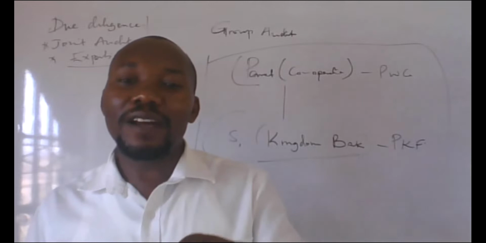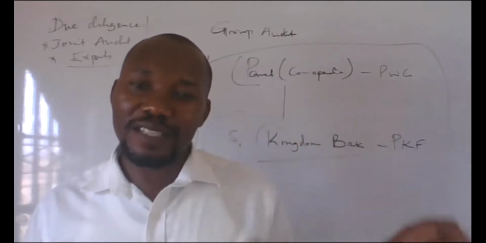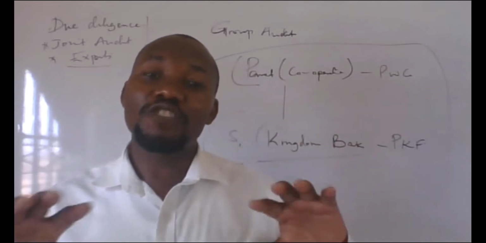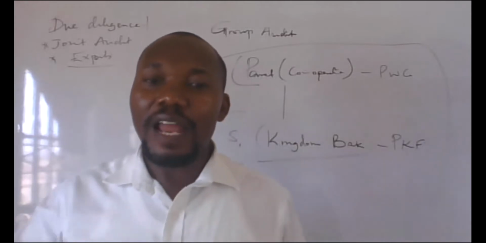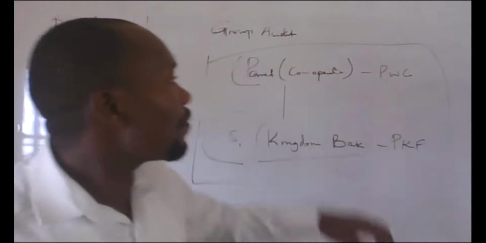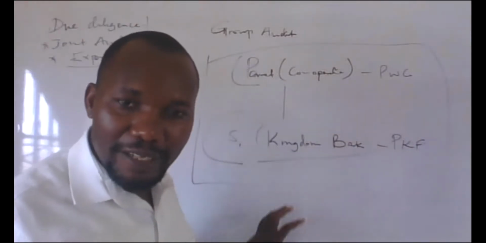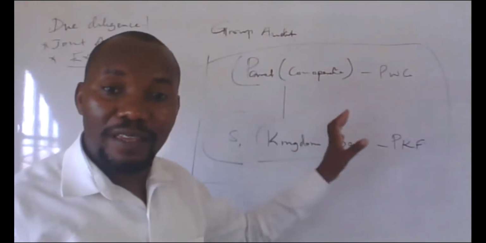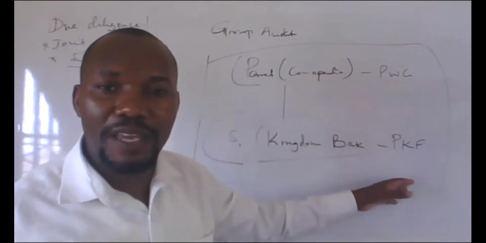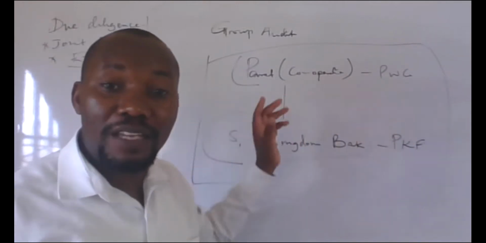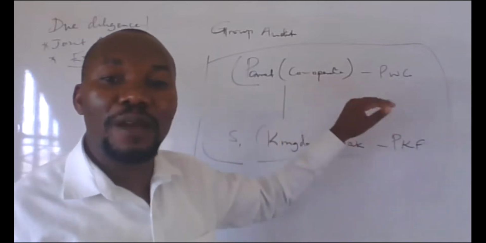In fact, another advantage is that it is cheap in terms of resources because the firms are able to share resources. Now, it is expensive for the company that is being audited. They have to pay 4 people, or 3 from here and 3 from here. They are going to pay a lot of money compared to if it was being done by one firm.